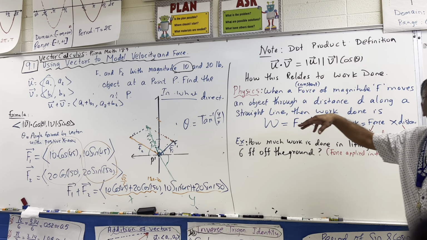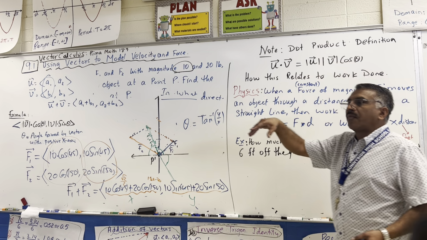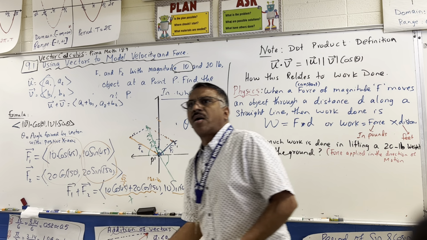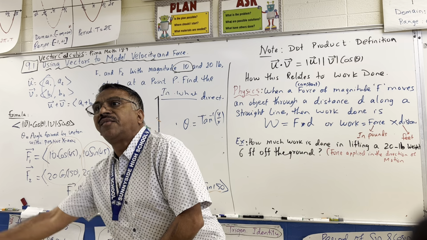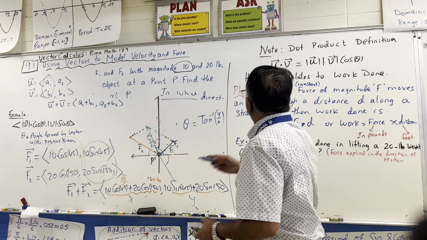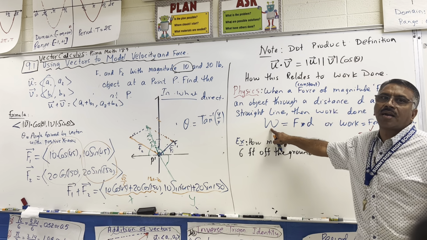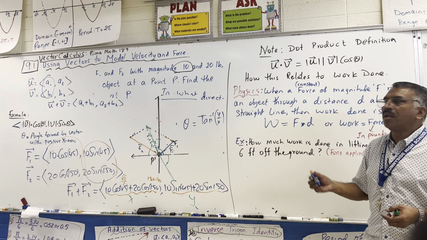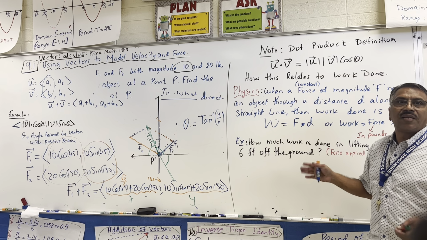Now in physics, if I pull this with some 3 pounds or 5 pounds, and I move it 3 feet, the definition says work done is always force, how much force I am putting, multiplied by distance.